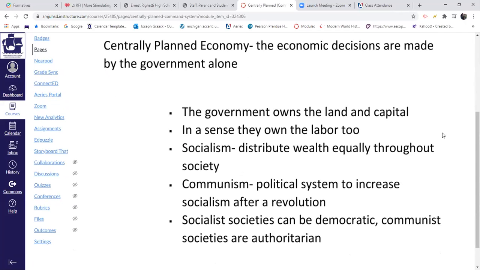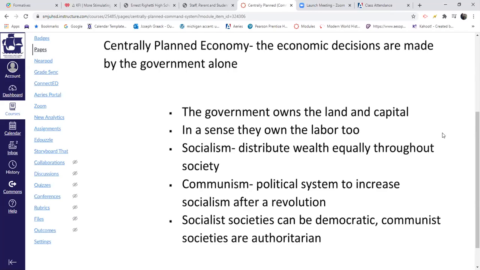And so he advocates for basically a redistribution of wealth, which is an economic theory known as socialism. Communism is the political means by which you can create a socialist economy. So your Russian Revolution in 1917, if you remember that from your world history class, the Communist Revolution in China in 1949, you have the Korean War, which North Korea and South Korea, the communists are fighting the American-backed South Koreans.